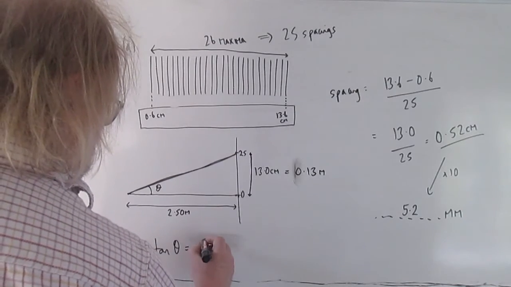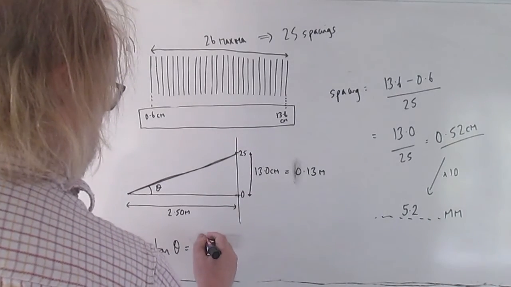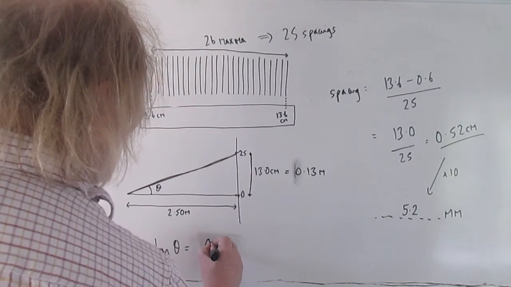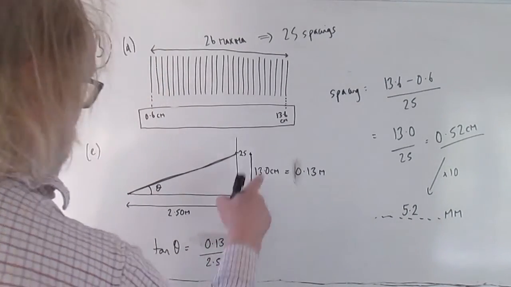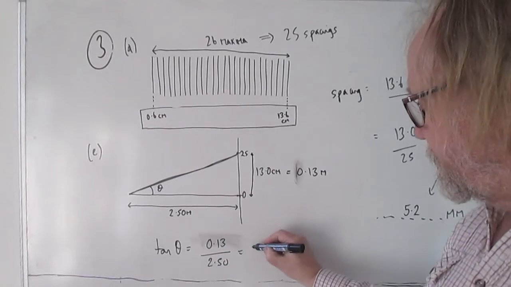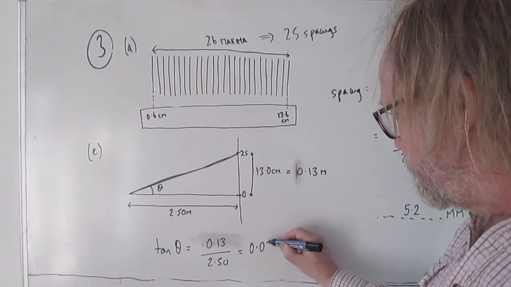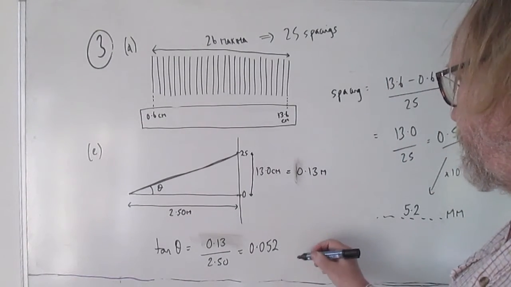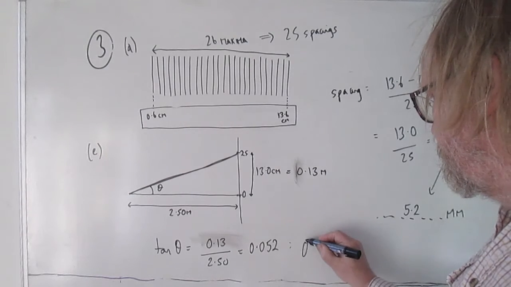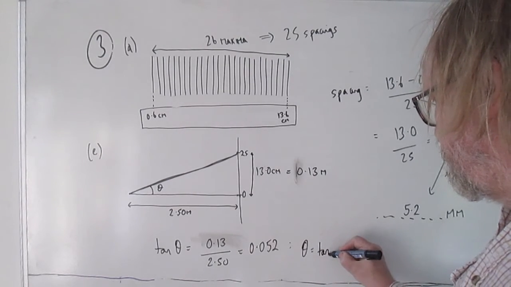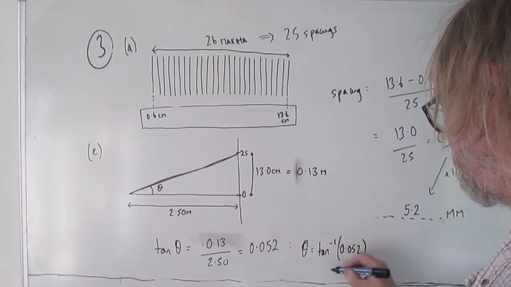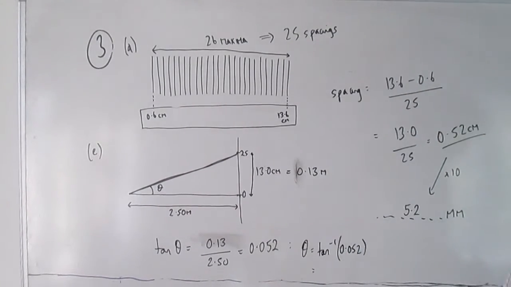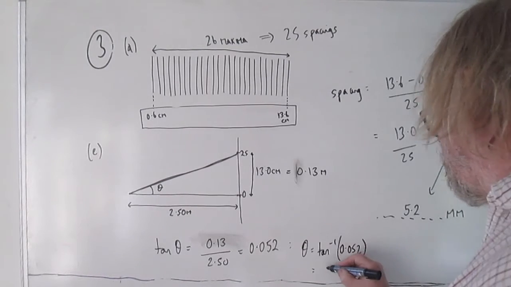So tan theta is equal to 0.13 divided by 2.50. Opposite over adjacent, which comes to 0.052, which means that theta is the inverse tan of that, which is 2.98 degrees.